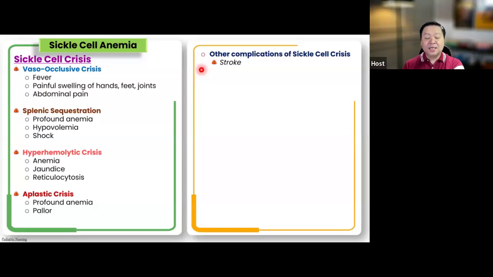Like I have said, the pediatric patient is going to undergo that TCD, that's transcranial Doppler testing, right? From 2 years old to 16 years old, you definitely need to have that testing. Now, another is the avascular necrosis, and this is going to occur in the shoulders, also the hips.